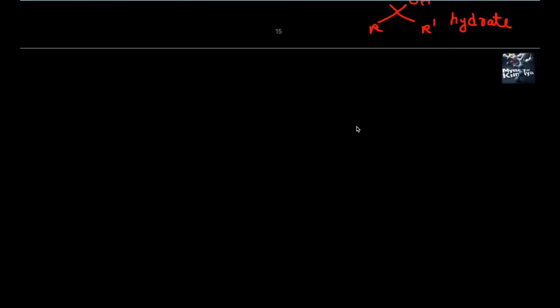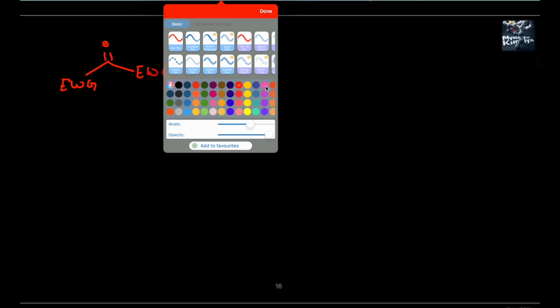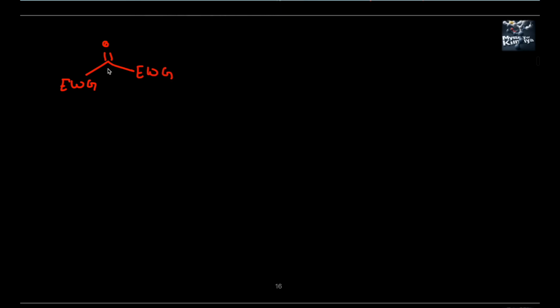So this is the first thing we can do, adding H plus as a catalyst. It just increases the electrophilicity of the carbonyl carbon. But if we add some electron withdrawing groups here, these electron withdrawing groups again increase the delta plus on this carbon, which increases the electrophilicity of the carbonyl group, and hence we see that the reaction takes place in a good amount.